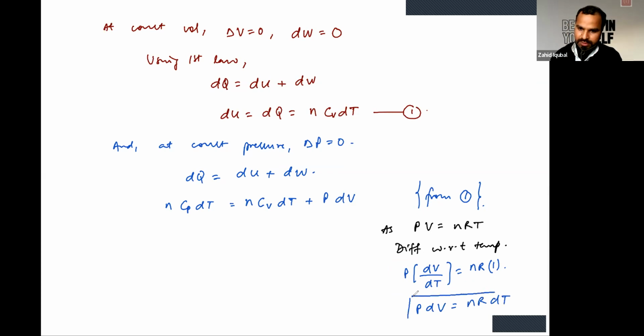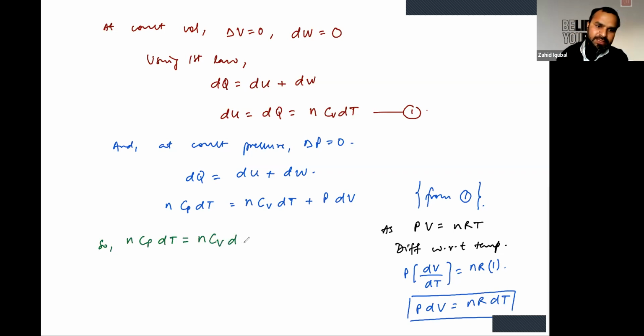Now just substitute this value in place of PdV in this equation. So n times Cp into dT is equal to n times Cv into dT plus PdV, and PdV is equal to nR dT. Now take out n dT as common.